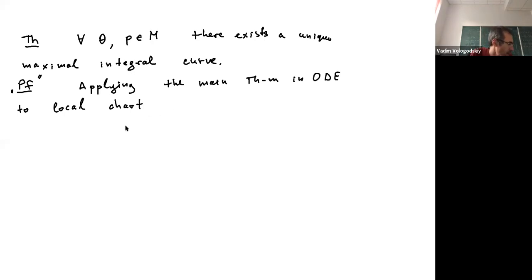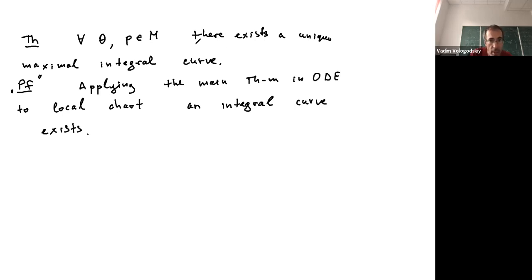We can construct integral curves locally. So an integral curve exists. By this, I mean that there exists some interval, maybe very small, and a path gamma defined on this interval, which is tangent to my vector field and passing through point P, right?